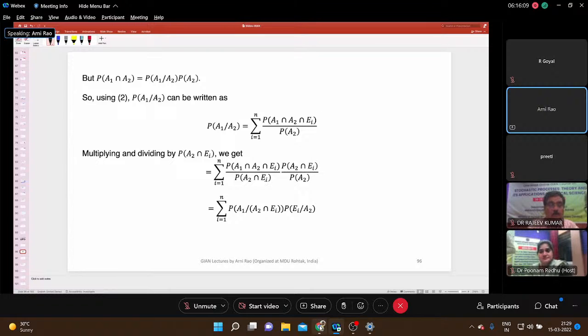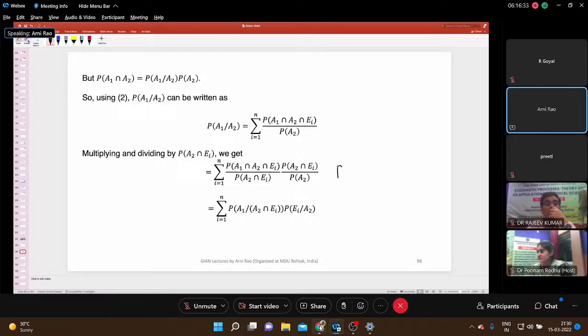Now probability of A1 intersection A2 intersection EI, if you consider these two sets together, that means A1 given that, multiplied by that.